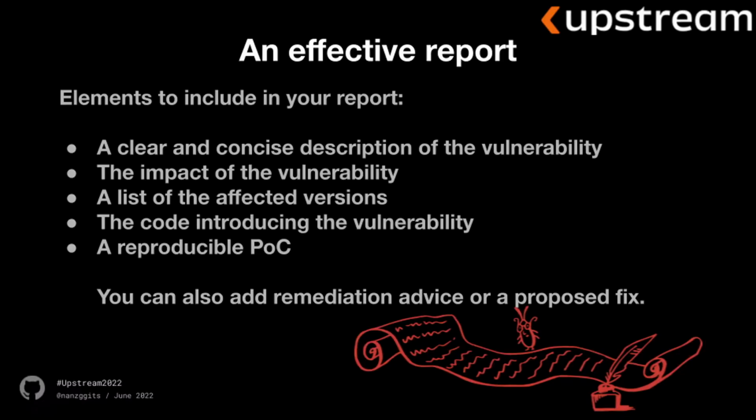So here's a summary list of the elements to include, at least, in your report: the impact of the vulnerability, a list of the versions affected by that vulnerability, the precise code that introduces the vulnerability, and a reproducible proof of concept. And for extra brownie points, you can let the maintainers know that you're willing to help review the fix.